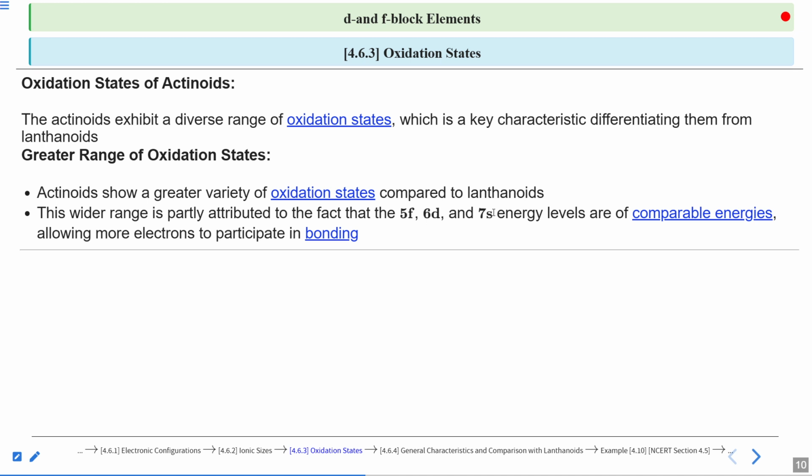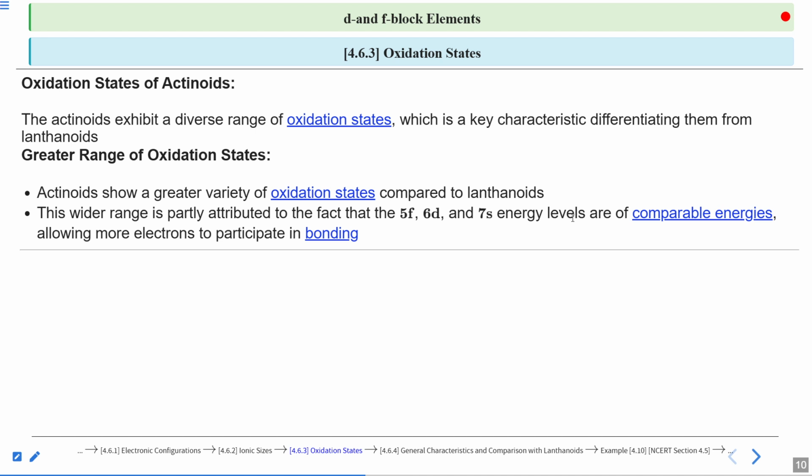So the lowest energy value is for 7s. Then comes the 5f and then comes the 6d, because if you have the same energy value, then you consider the lower n value orbital. So it will be 5f. So 7s, 5f, 6d. Yes, 7s has 7 energy and 5f and 6d have 8 energy.